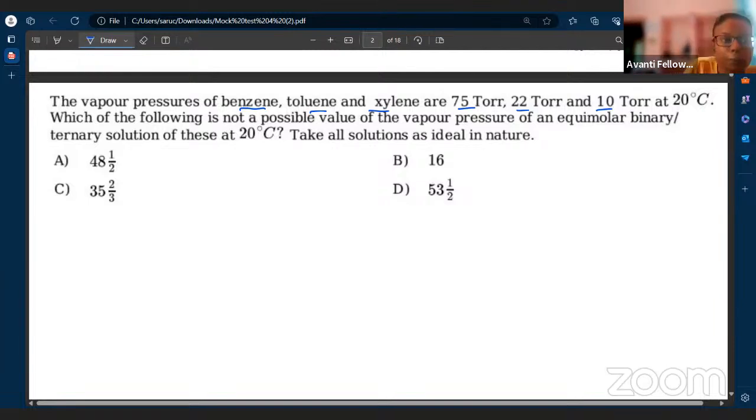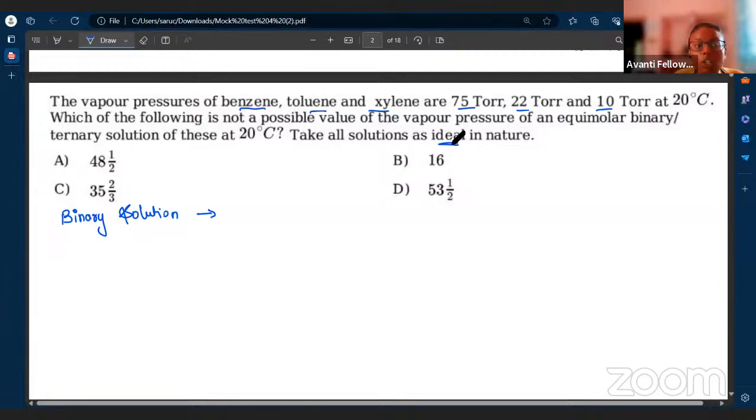So what are the possible binary solutions first? Here they have given that it is ideal in nature, so you have to select the ideal solution. While discussing the questions in the solution unit, I told you how to identify ideal and non-ideal solutions, which will give positive deviation and which will give negative deviation.